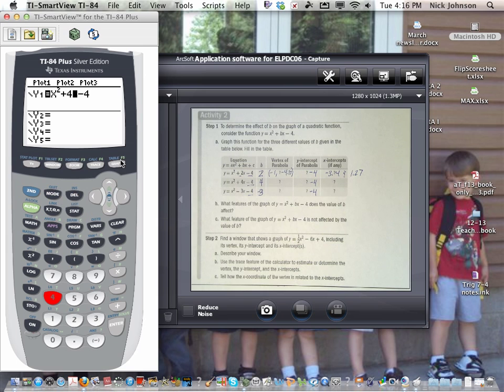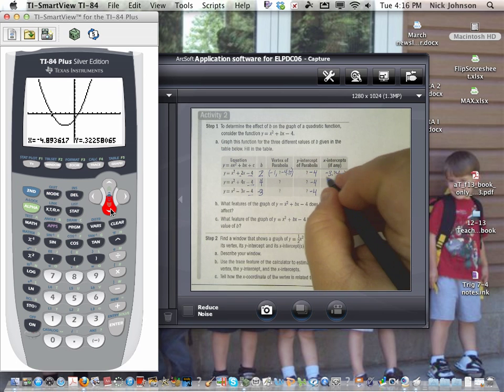And all that changes is this number right here, my b, which is, in this case, +4. I'm going to hit graph. Okay, looks like the same y-intercept, 4. I'm going to scroll over. I'm going to find my x and y intercepts.